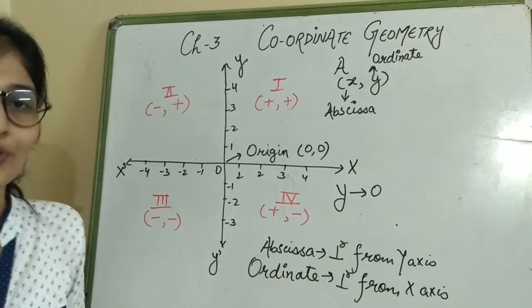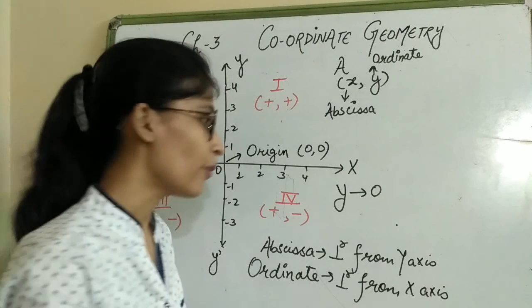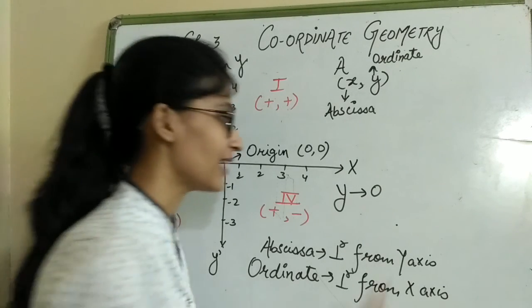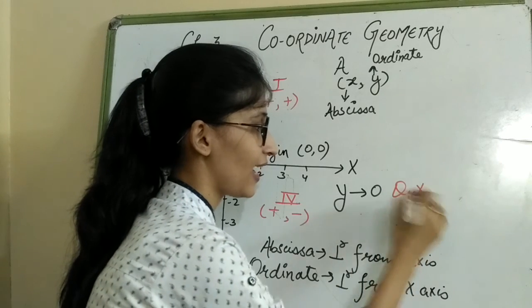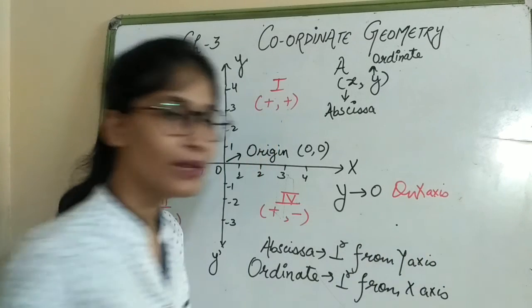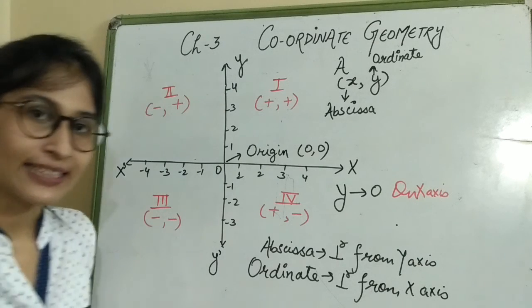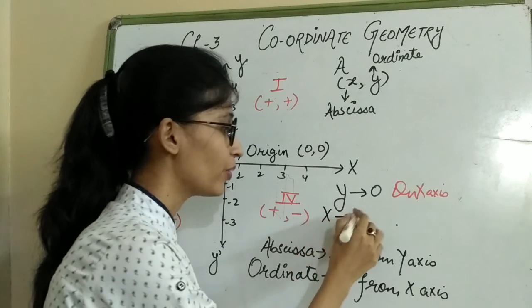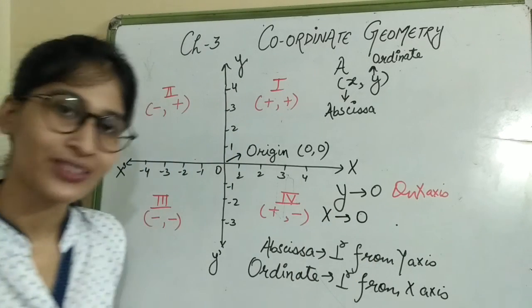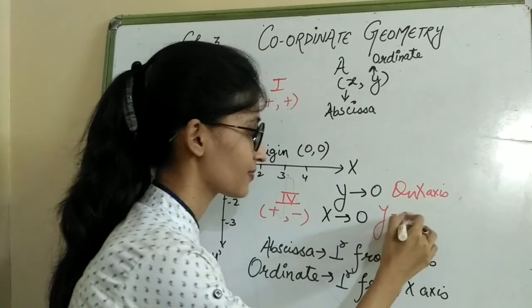Or we can say if the y coordinate of any point is 0, we will say the point is lying on x-axis. Similarly, if x coordinate is 0, we will say that the point is lying on the y-axis.